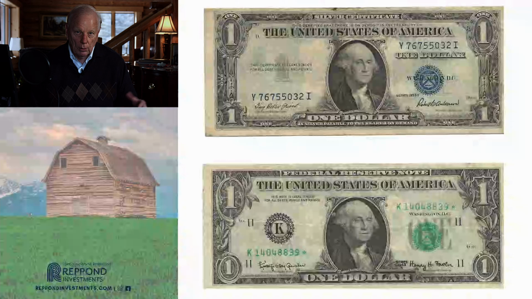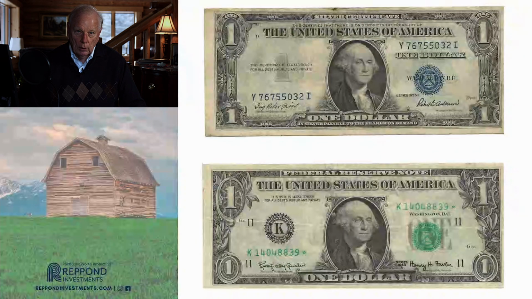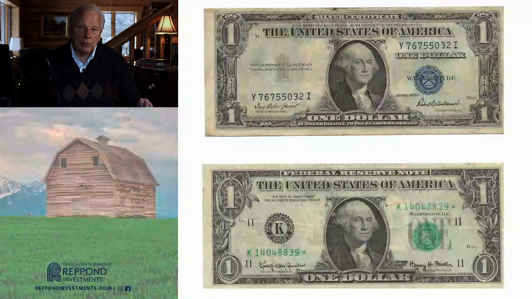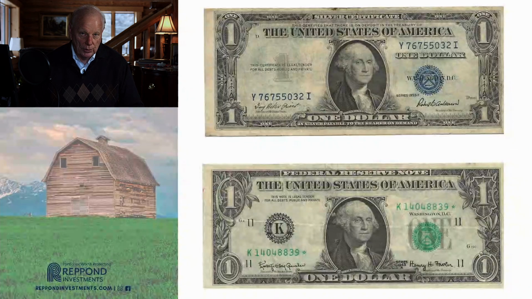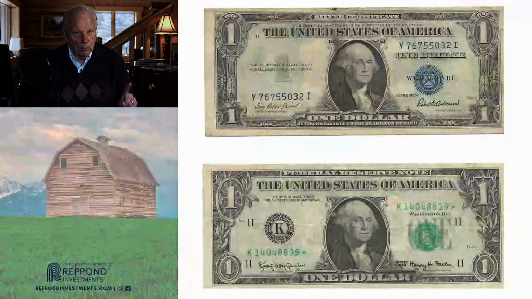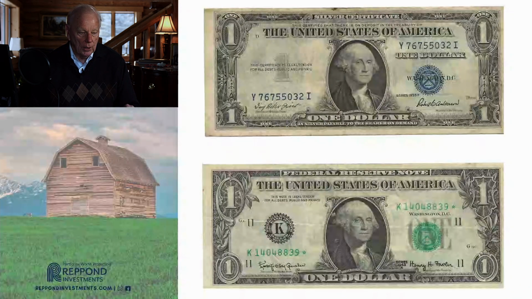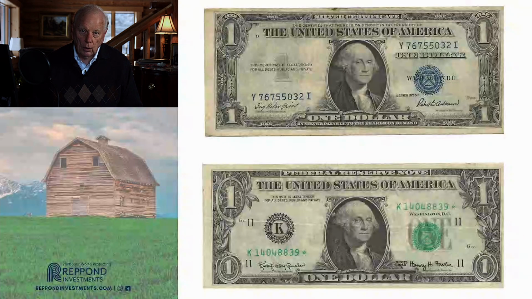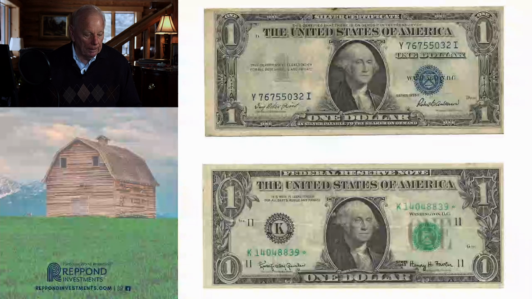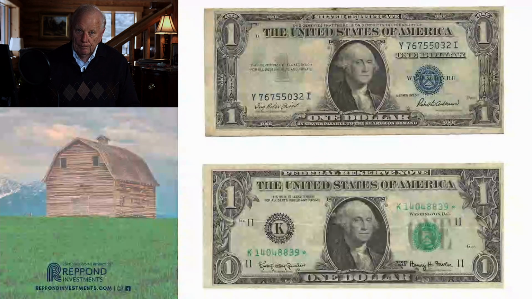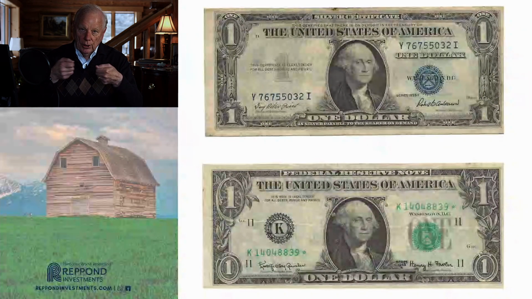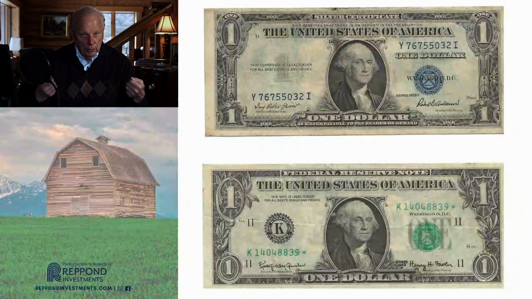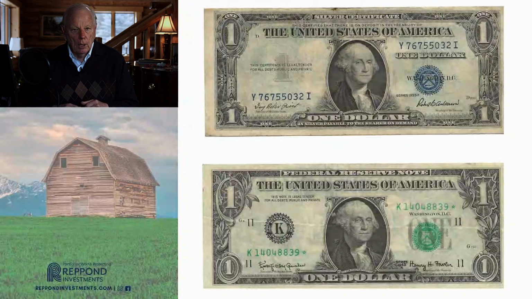It's called the Bretton Woods Accord. We agreed with them that we would be the world reserve currency, and we still are. They asked for one condition. The condition is that we would back our currency with gold, our gold and silver, hard assets. And we agreed to that. So in other words, you could exchange those dollars for hard assets.